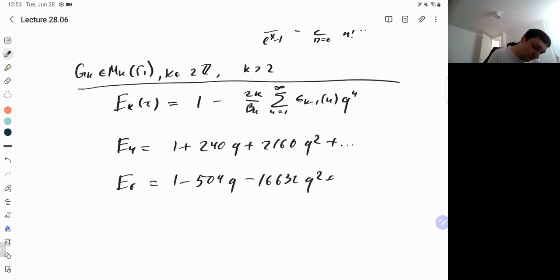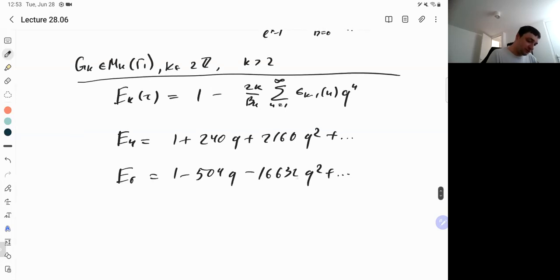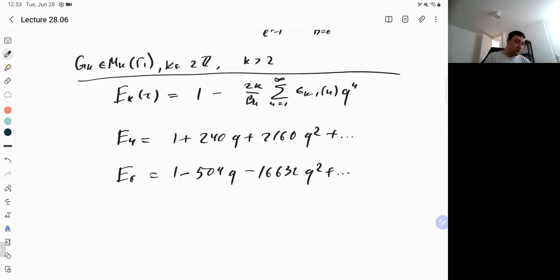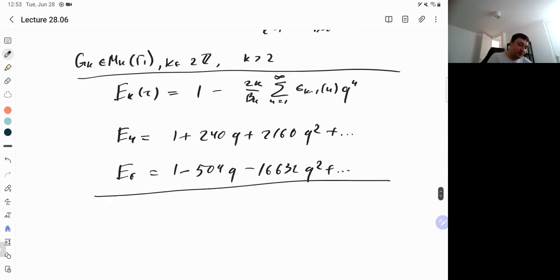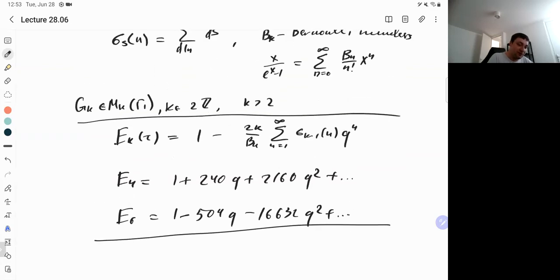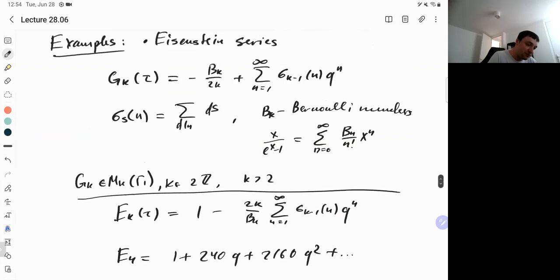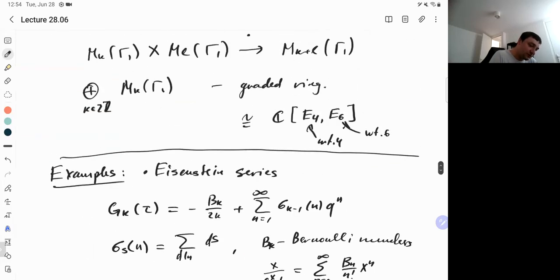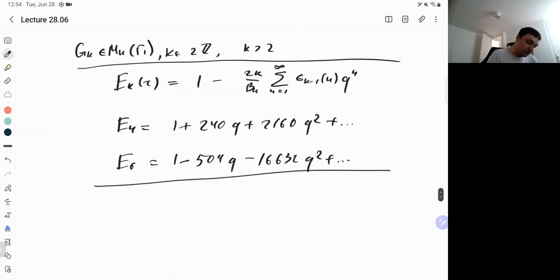It doesn't really matter for me what the number is, but since I gave two terms for the first one, I wanted to give two terms for the next one. The theorem tells you more or less that everything can be written in terms of E4 and E6. So this is a theorem, and maybe I will have enough time to prove it.